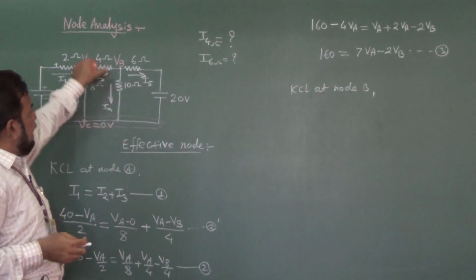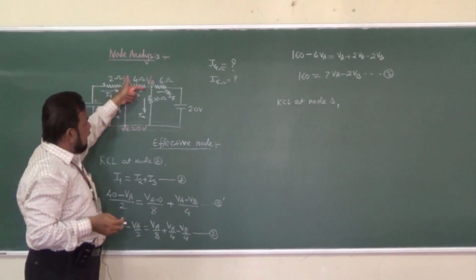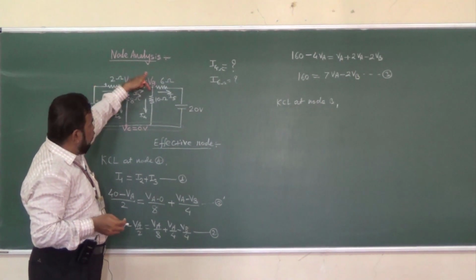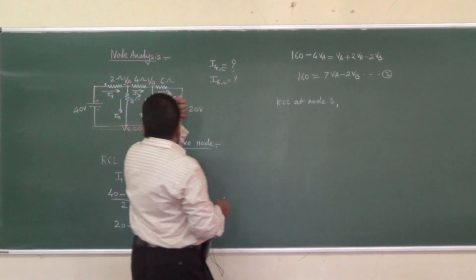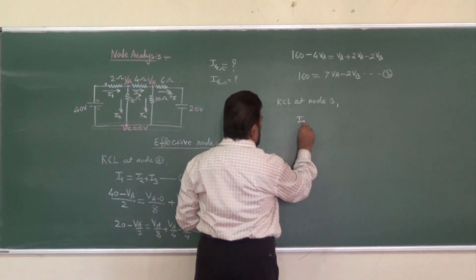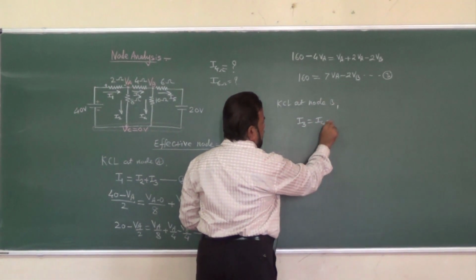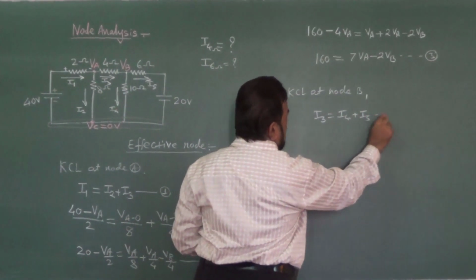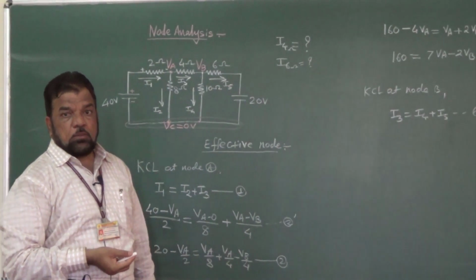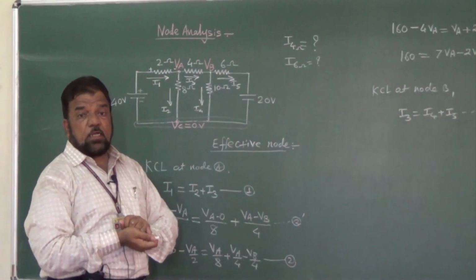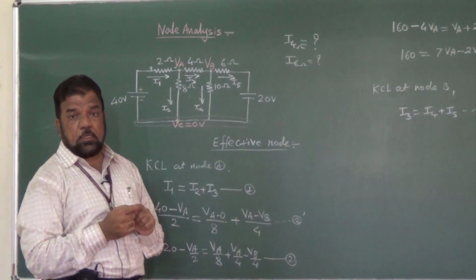So when we apply KCL at node B, the incoming current is I3, outgoing currents are I4 and I5. So the equation is I3 is equal to I4 plus I5. Let this be equation number 4. Now we have to express those currents in terms of potential difference and resistance.